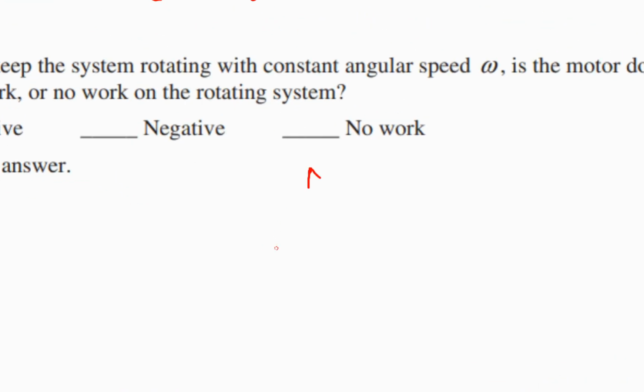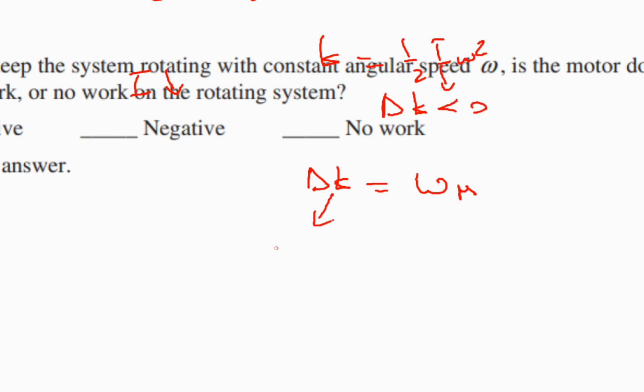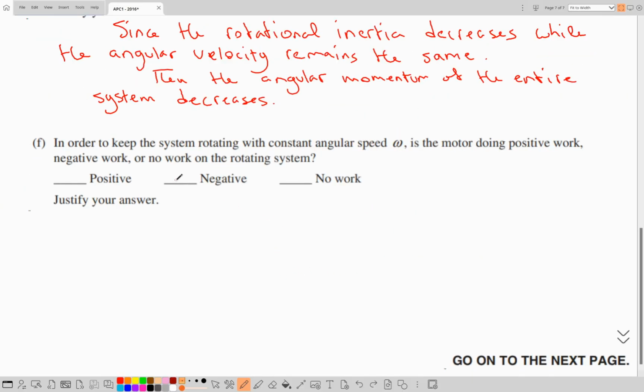So delta K is equal to the work done by the motor. Because I decreases, the variation in the kinetic energy is negative. So this is negative, then this is negative. Therefore, the work done by the motor is negative.